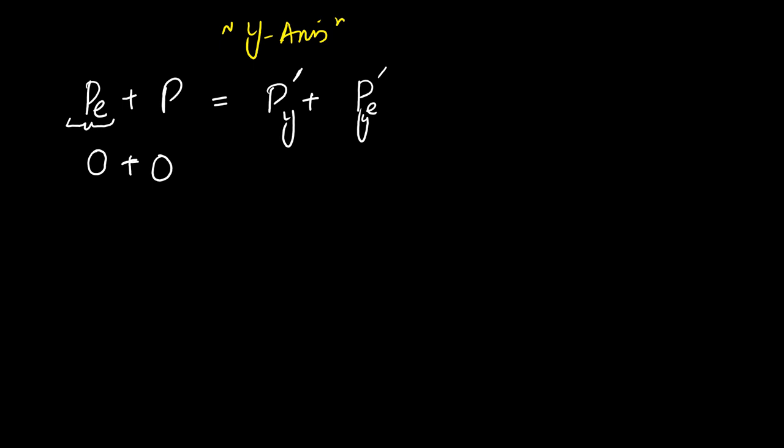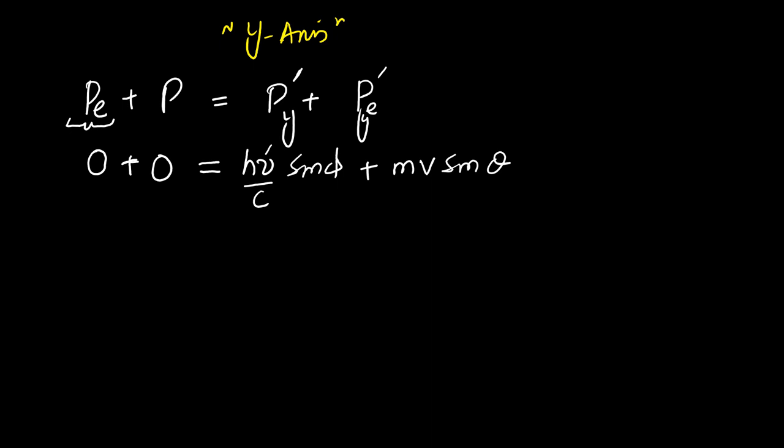So now the final momentum of the photon after the incidence along the y-axis will be h nu prime divided by c into sine of phi, plus the momentum of the electron, which is mv into sine of theta.